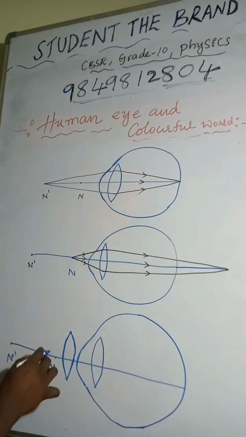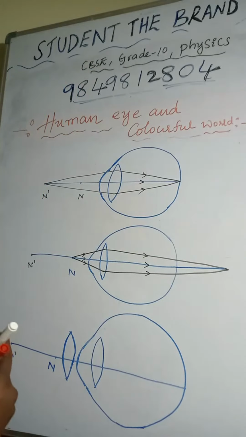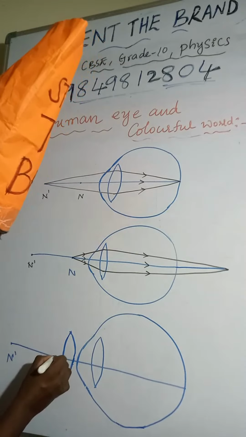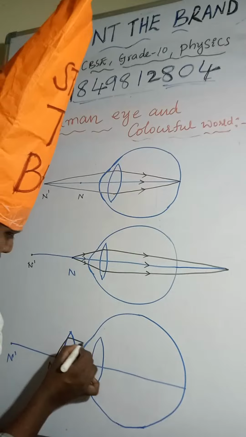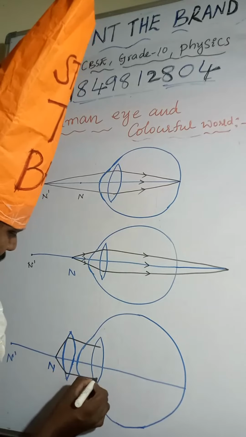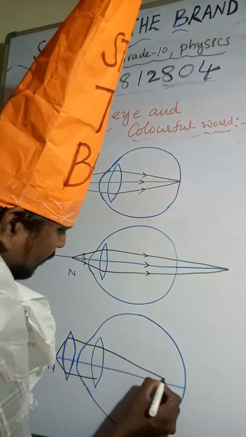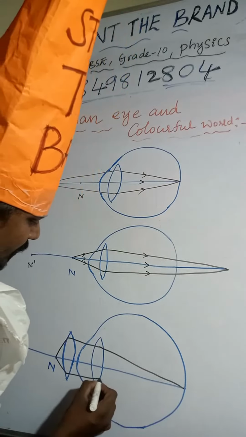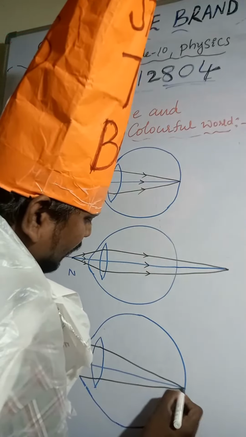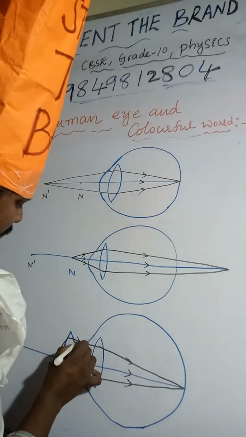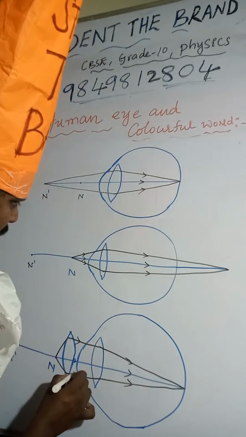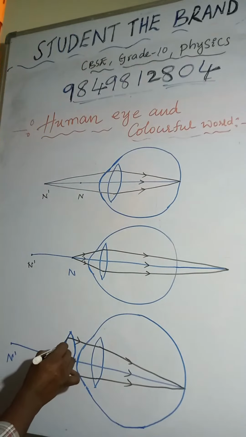Okay, so if the light rays are coming from N, the light rays will meet at the retina. So here again, these light rays will meet at the retina.